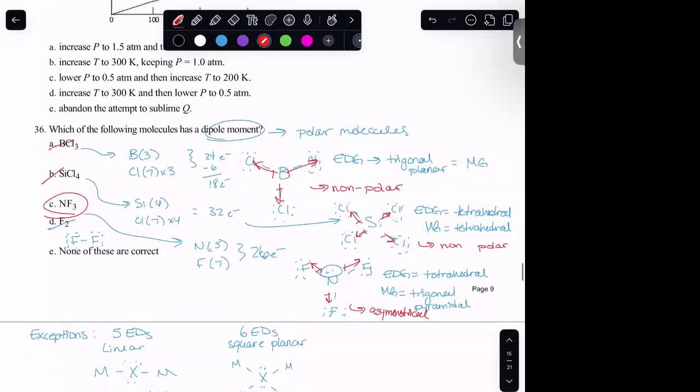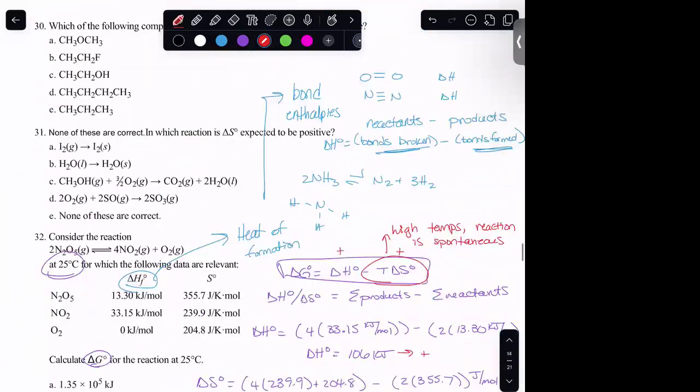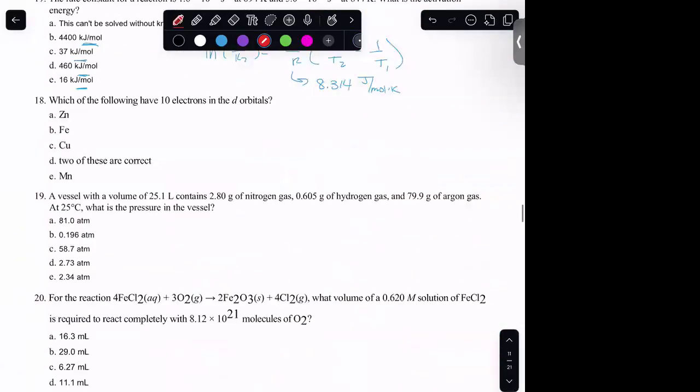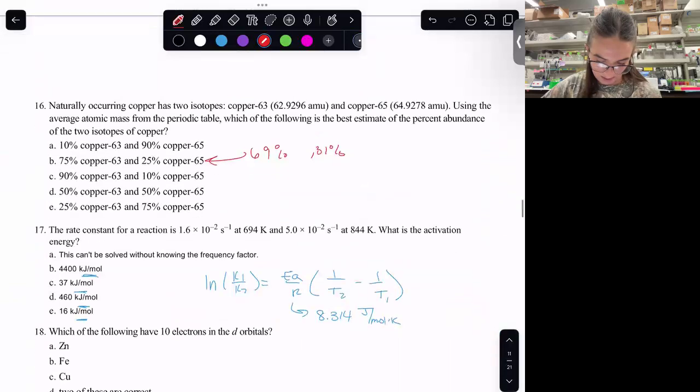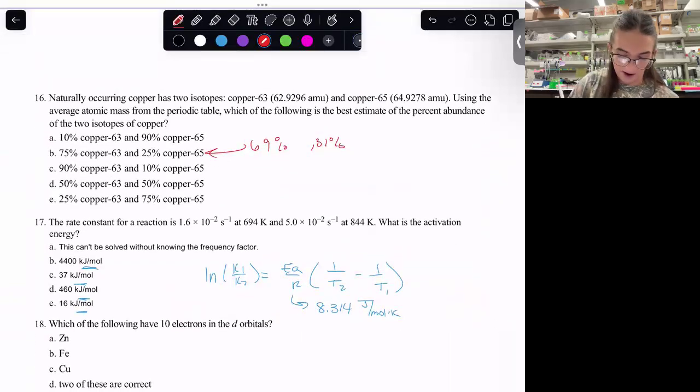For that question, it says the correct answer was C for 16. Oh, did I read that question wrong? Yes, sorry. Hold on, let me look at my answer key.